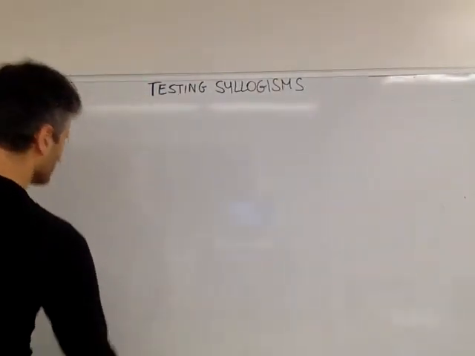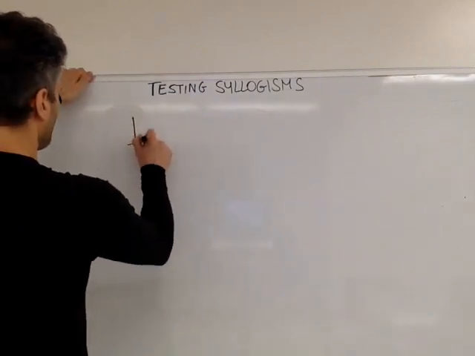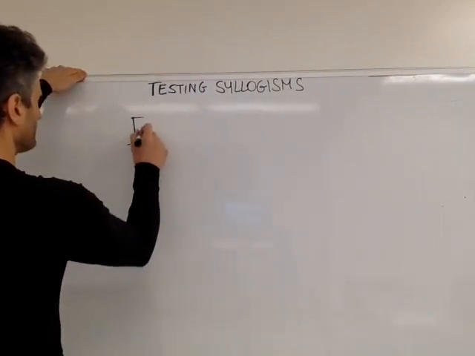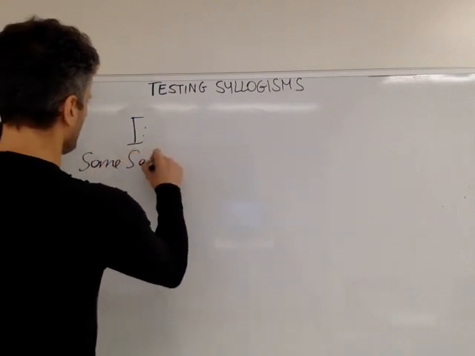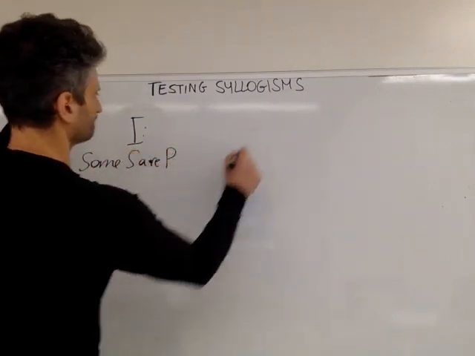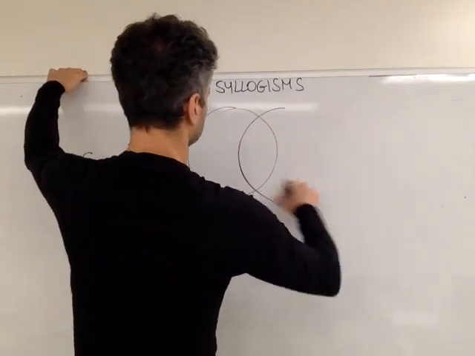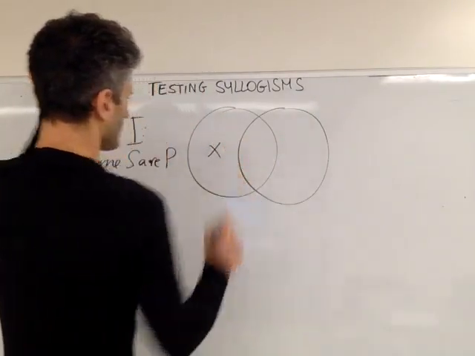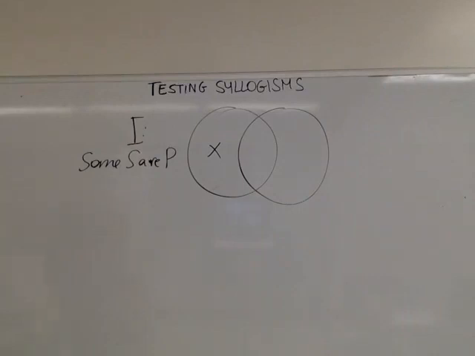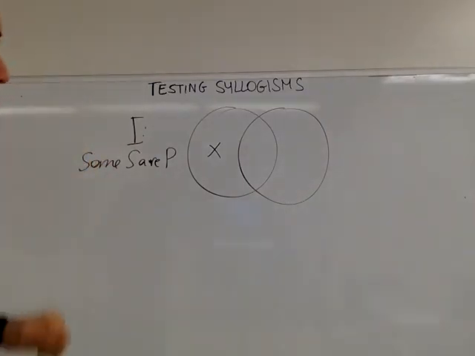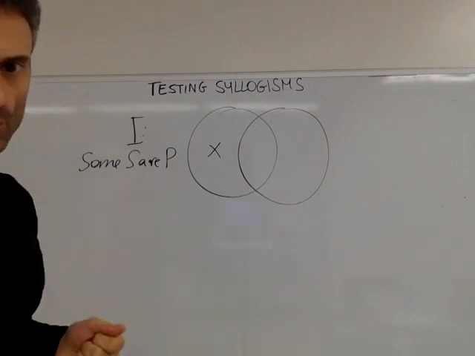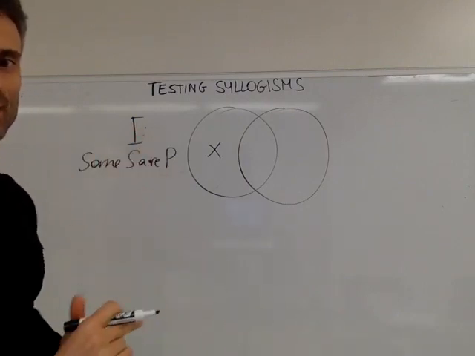Our third form is the I form, which states that some S are P. And remember, the I form is a particular statement. A and E are universal, so you use the shading.